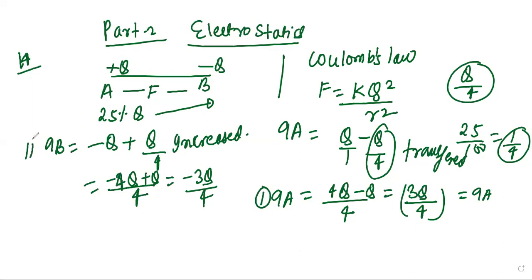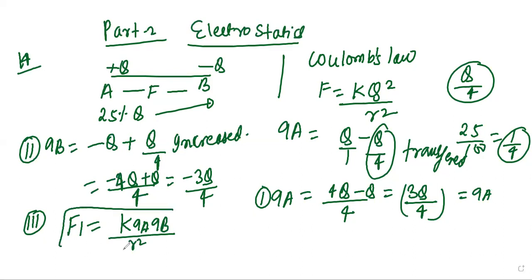This is condition 2. Now we will apply the formula. F is given by K times the charge of A times the charge of B divided by R square. Now put the values.